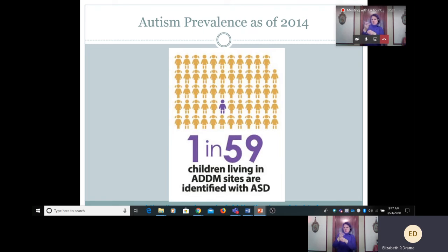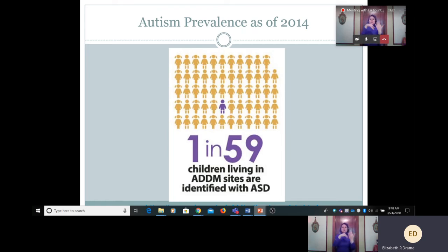They don't capture every single case across every state; they select representative states and go through different processes to estimate the prevalence. As of 2014, the most recent data, 1 in 59 children have been identified with autism spectrum disorder.